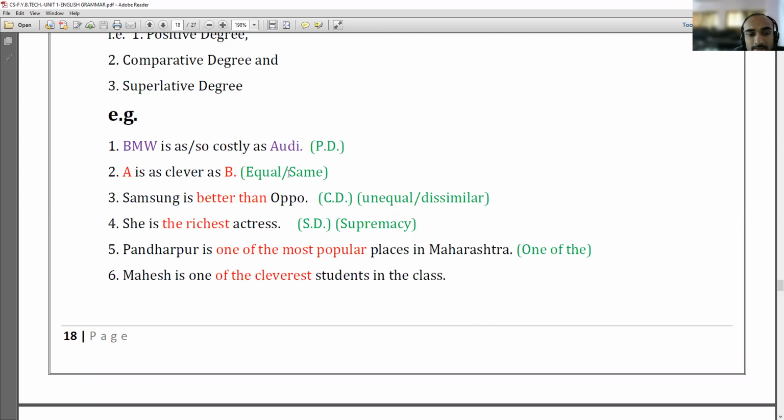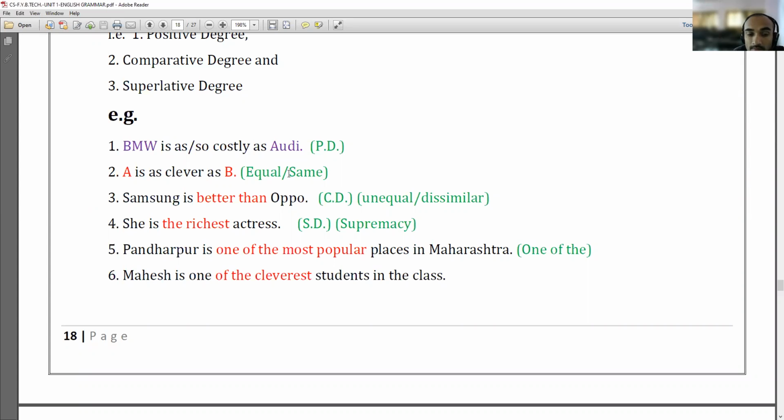Then the second sentence is A is as clever as B. What is the meaning? A is as clever as B. ए हा बी इतकाच हुशार आहे.